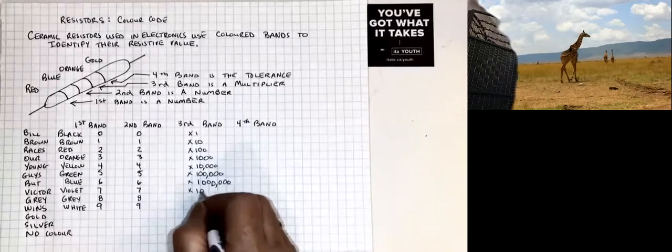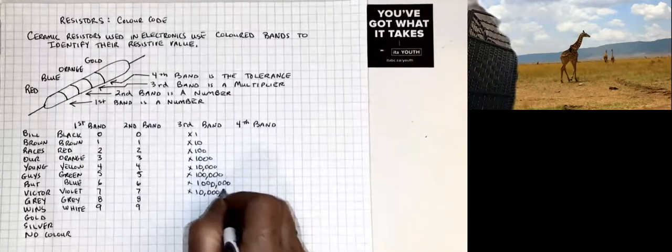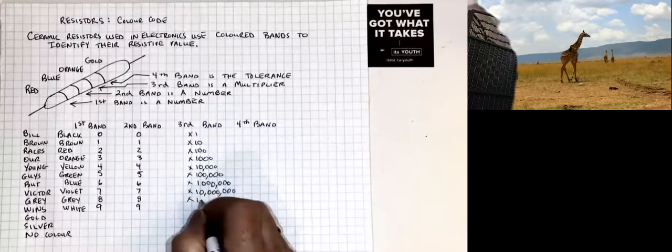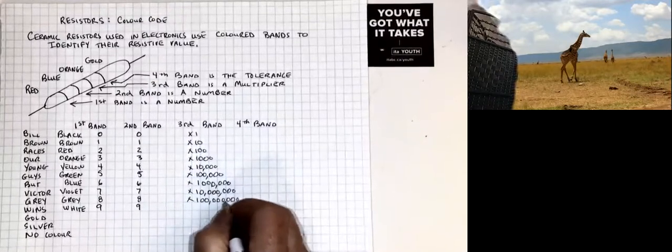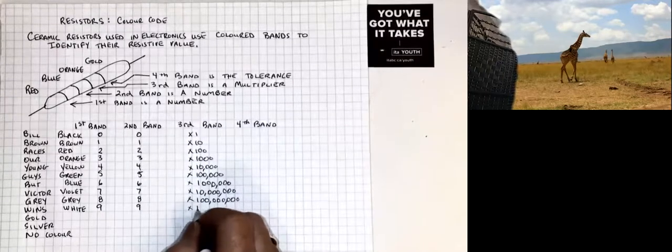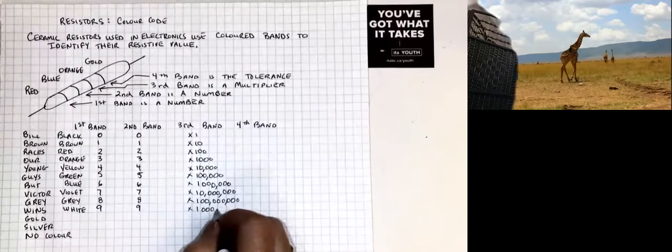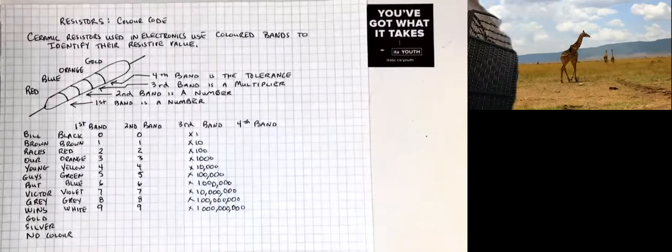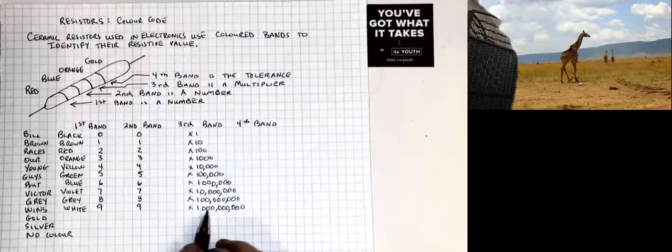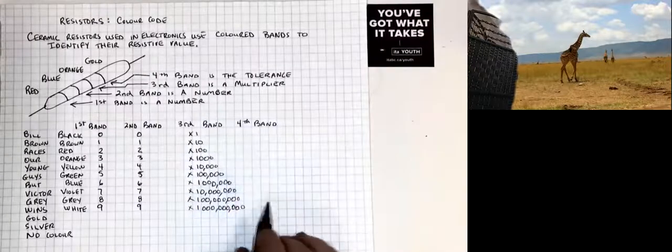Large numbers here, 10 million, 100 million, and so on. Now that's our multiplier, the third band, and our fourth band is actually the tolerance.